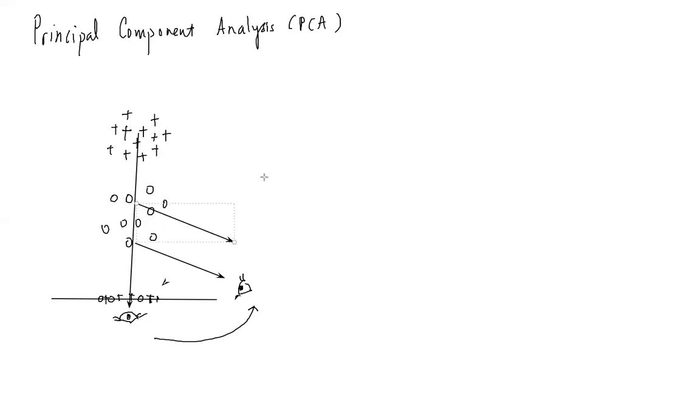Slightly longer. Then they fall onto some kind of axis. If you then put a perpendicular axis, let me rotate this a bit, make it about 90 degrees, something like this.